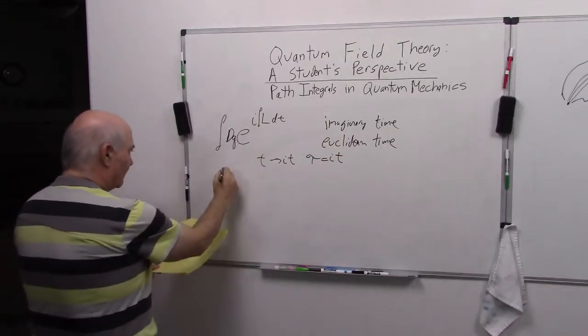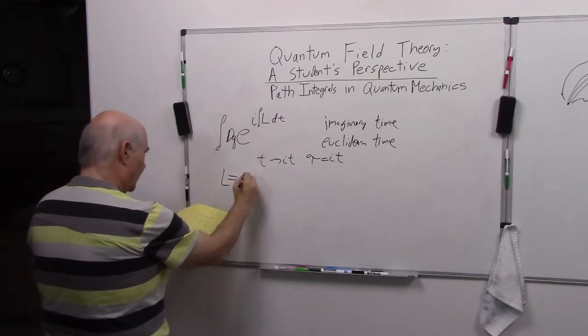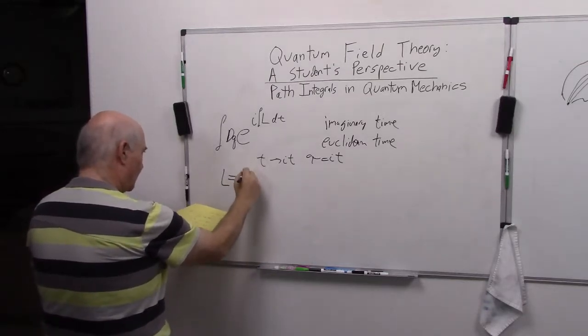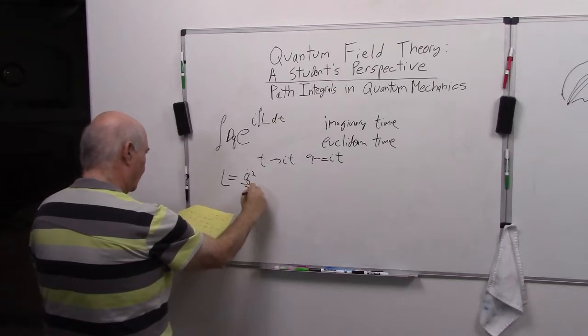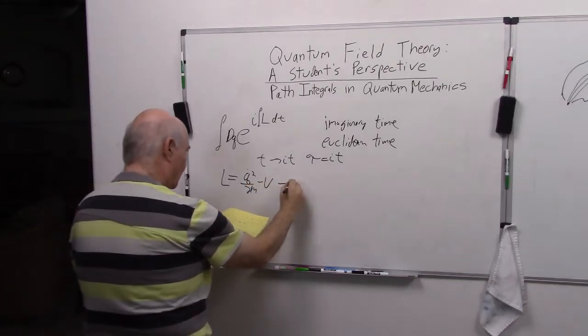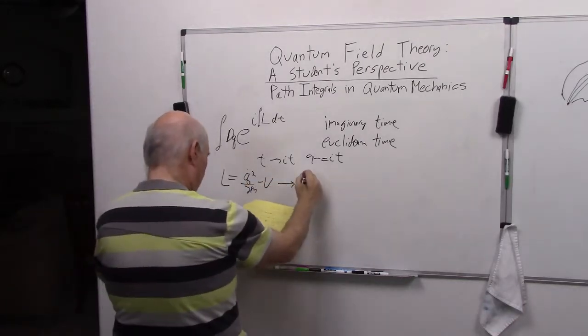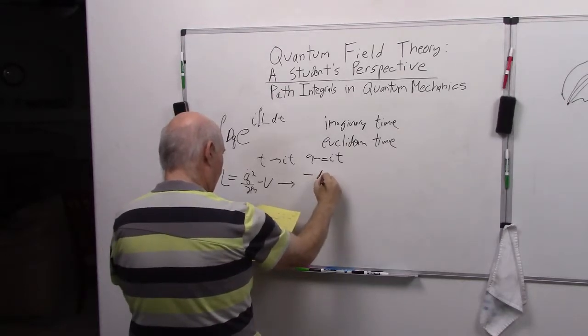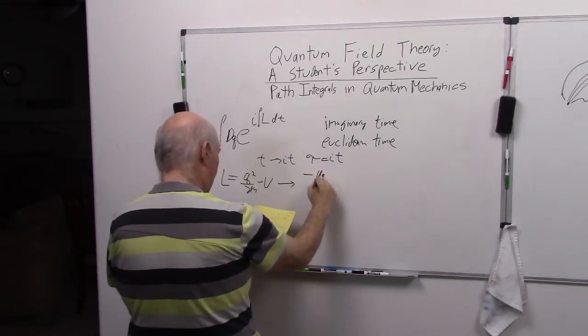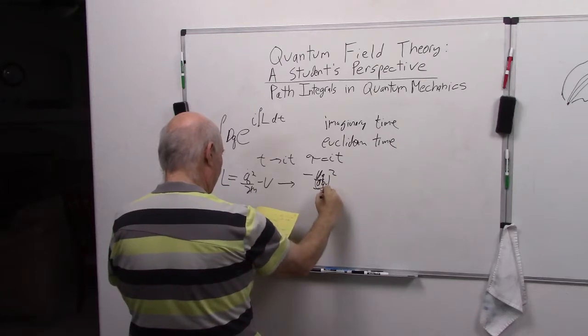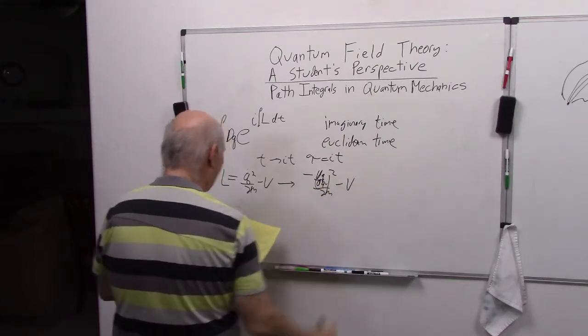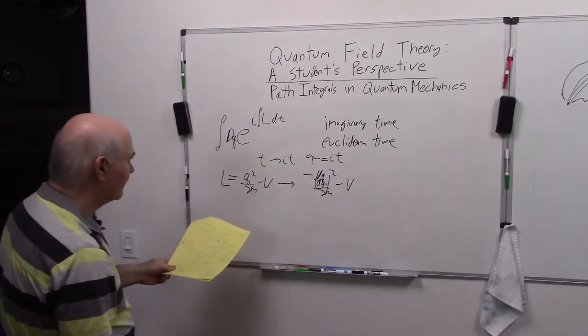Now, the Lagrangian, L is T minus V, q dot squared over 2m minus V. This goes into minus dq d tau squared over 2m minus V, so it becomes completely negative.